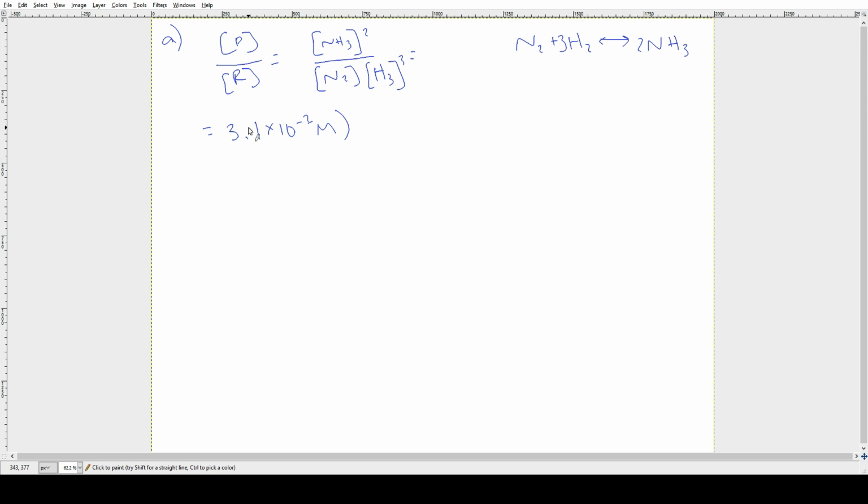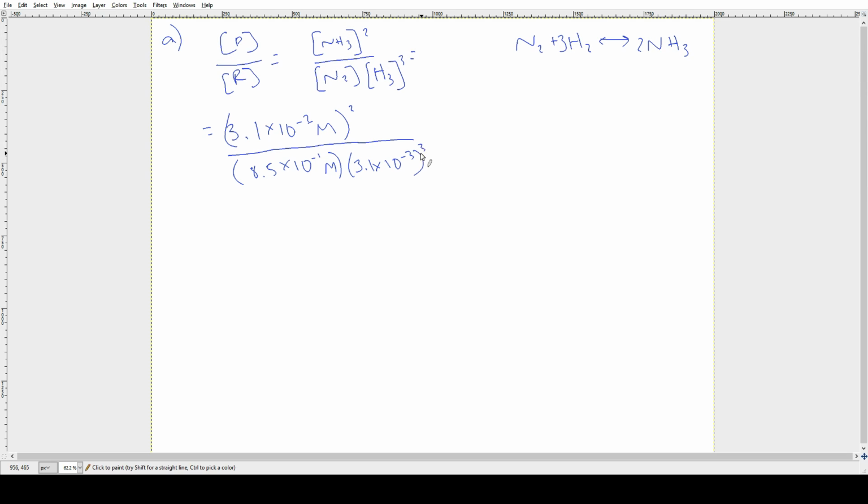And remember, this is squared over N2's concentration, 8.5 times 10 to the negative 1 molarity, not squared, and H2 is 3.1 times 10 to the negative third M. Times 10 to the negative third.